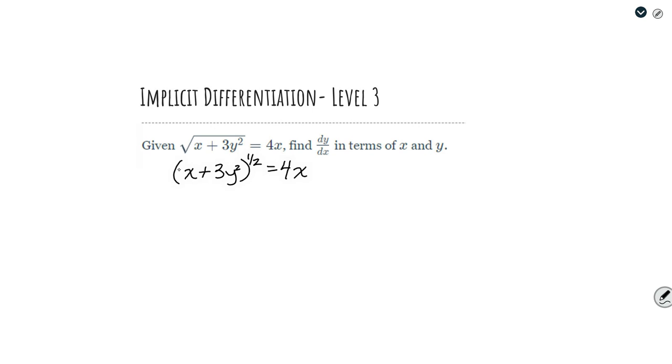So now that I have a parentheses to a power, this is a place where we apply the chain rule. I'll apply the chain rule because I have an outside function of the parentheses to the 1/2, and then the inside function of x plus 3y squared.